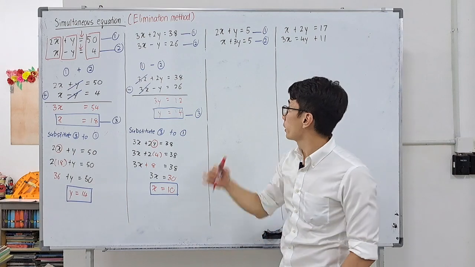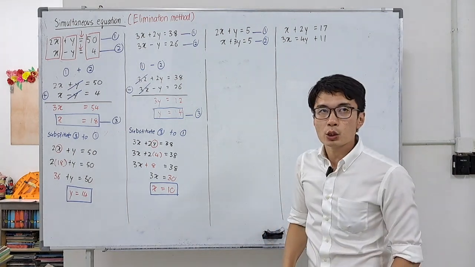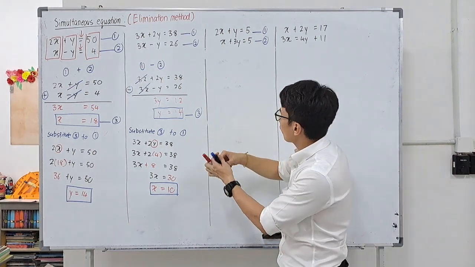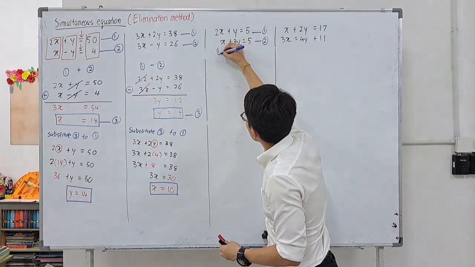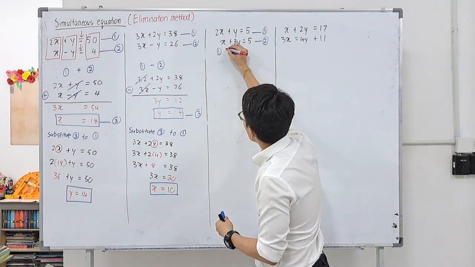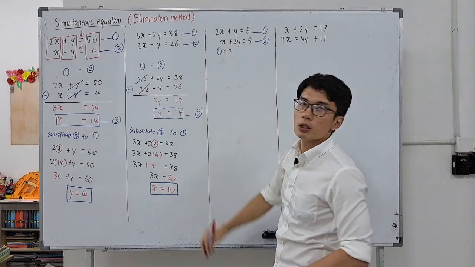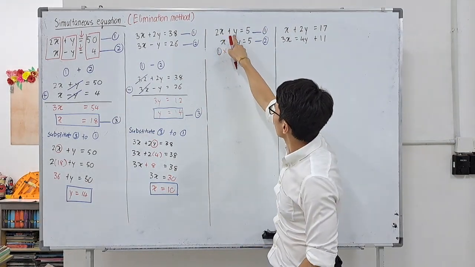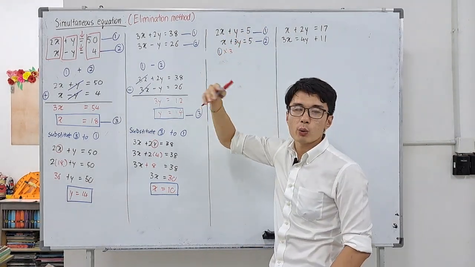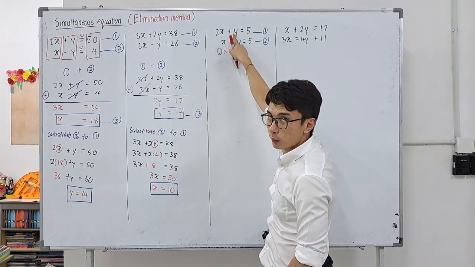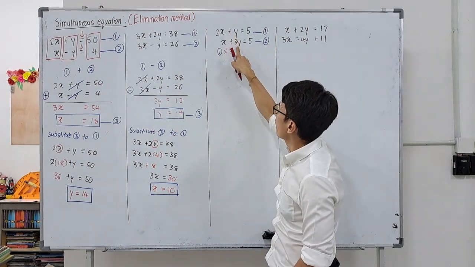So what do I have to do with this equation 1? I need to take equation 1 and multiply by 3. I have to take the whole thing to multiply by 3. Why do I want to do that? Because I want to make this 3y so I can eliminate this and this.